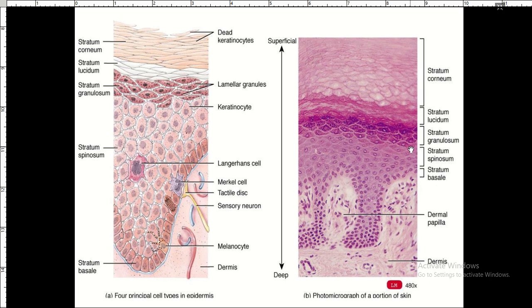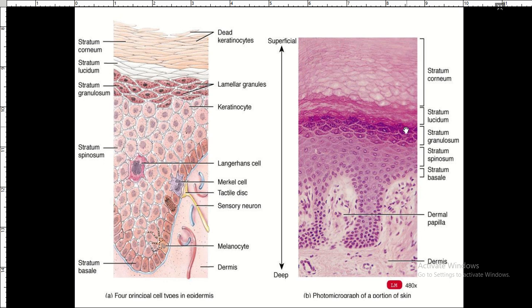spinosum. And then this one again is basophilic due to keratohyalin granules and lamellar bodies. That's going to be your stratum granulosum. It's going to have about 3 to 5 cell layers. And whenever you see stratum lucidum, you are going to say that this is thick skin, either at the palms or at the soles.